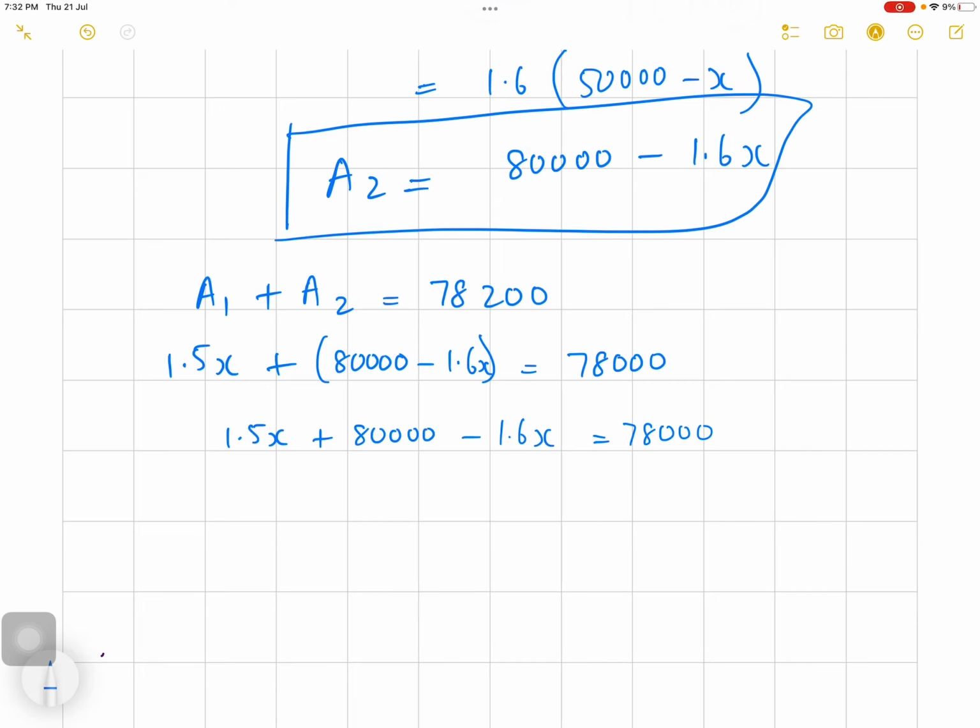So 80,000, I'll take it to the other side. It will become 1.5x minus 1.6x is equal to 78,200 minus 80,000.